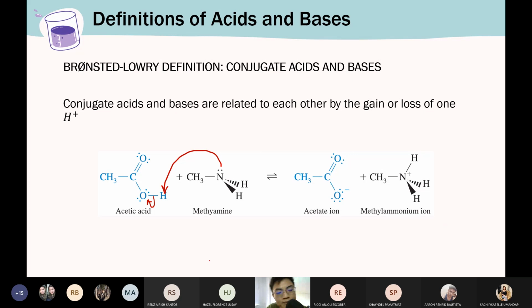Given this in mind, okay, with this in mind, sino yung acid, sino yung base? Okay. Sino yung Bronsted-Lowry acid, sino yung Bronsted-Lowry base? Susulat ko ulit yung definition sa taas.